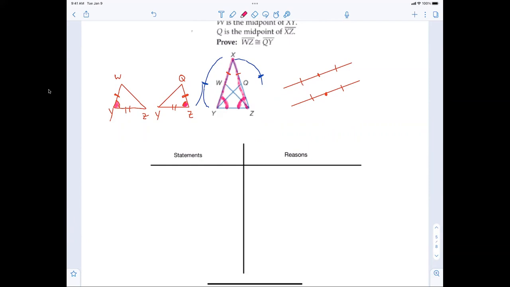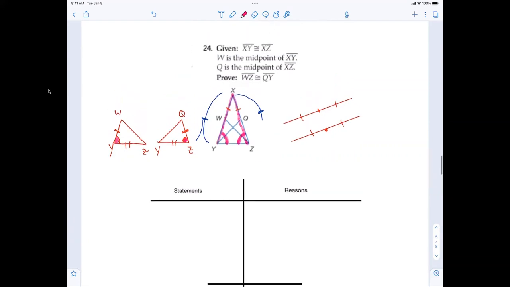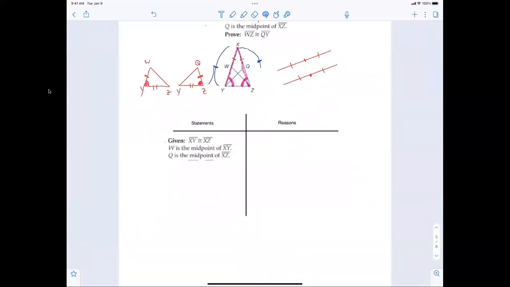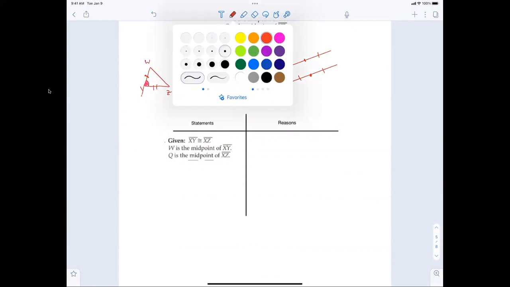All right. Anybody have any issues before I start this proof that's kind of annoying? Proving WY is congruent to XZ is kind of annoying. So let's get started on that. The first thing I'm going to do is put this in here, and then I'm just going to white out that given part.